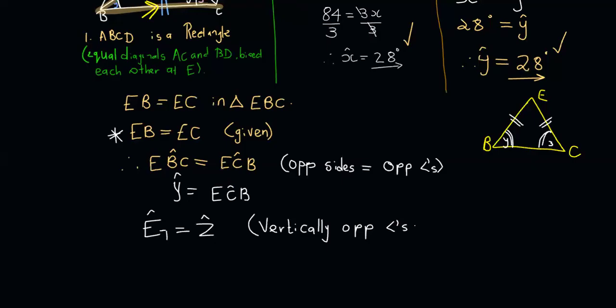That is the one that I taught you, I think a week ago. So when you look at E7, it's equal to Z. When two straight lines intersect, the vertically opposite angles are equal. That is angle Z here is equal to E7. Vertically opposite angles are equal.